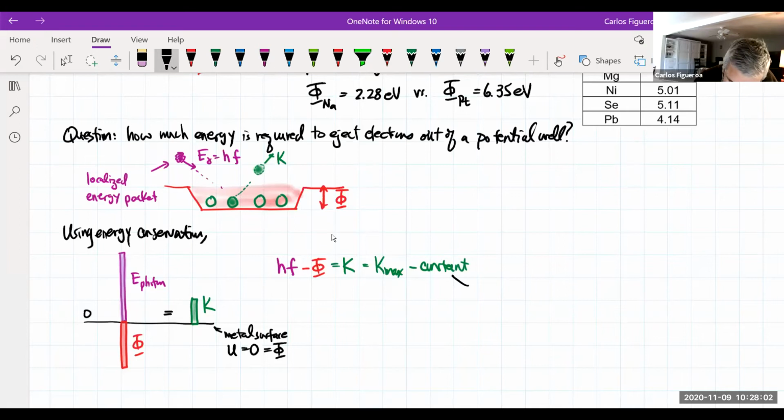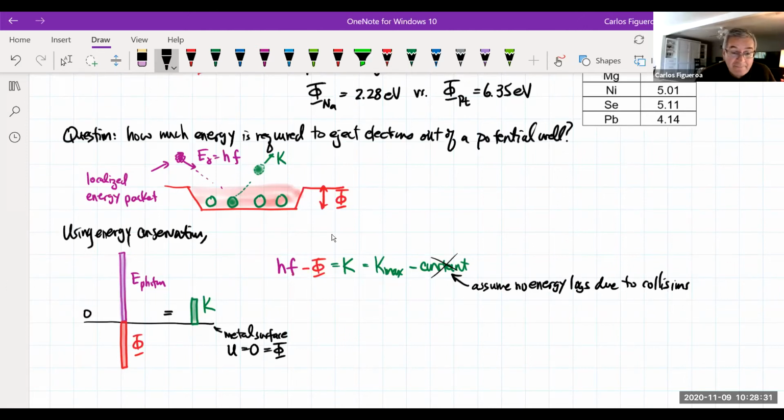But what we say here is that we ignore this term generally because this assumes no energy loss due to collisions. And I'll get more to this in a minute. What do I mean by that?